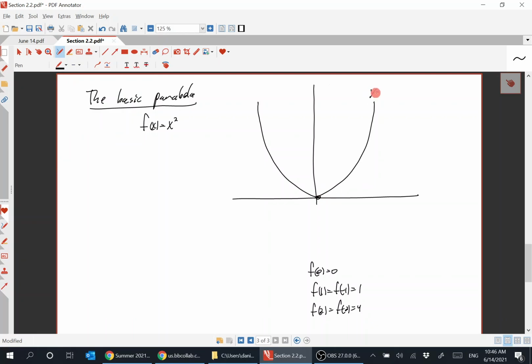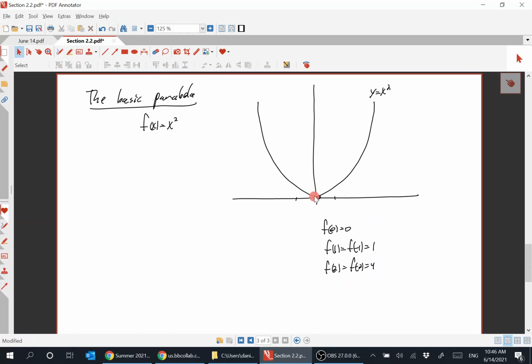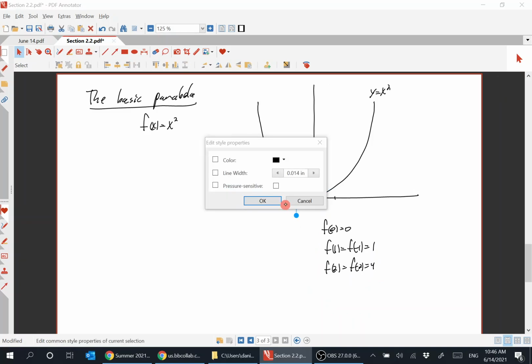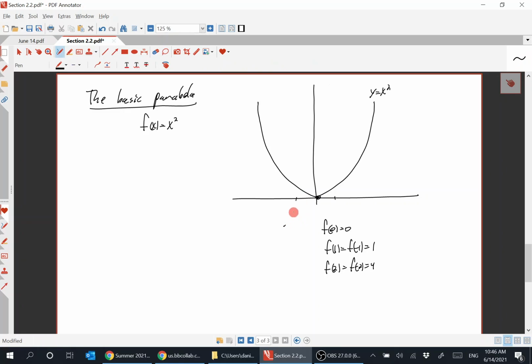So f of 0 is 0. F of 1 is equal to f of negative 1 is 1. And I'm not going to draw it to scale here. All right, so the 1s on the x and the y-axis are in different places, so it's kind of smushed down. F of 2 and f of negative 2 are both going to be at 4.